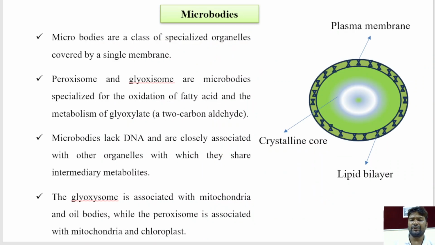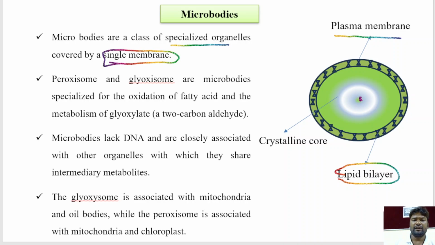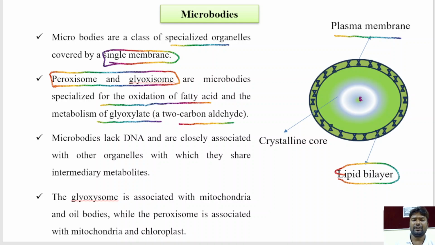Then microbodies. This is the structure of a microbody, where there is the membrane, and this is the crystalline core, and there is a lipid bilayer. This is a class of specialized organelles covered by a single membrane, not a double membrane. Peroxisomes and glyoxysomes are the microbodies which are specialized for the oxidation of fatty acids and the metabolism of glyoxylate, a 2-carbon aldehyde.